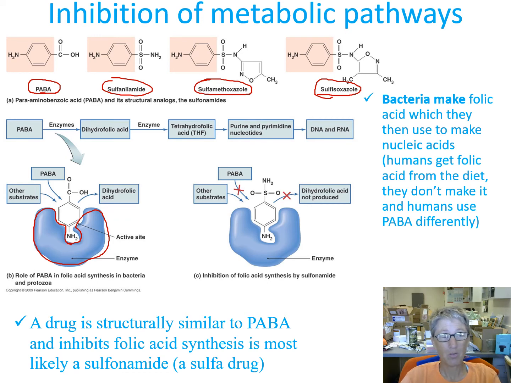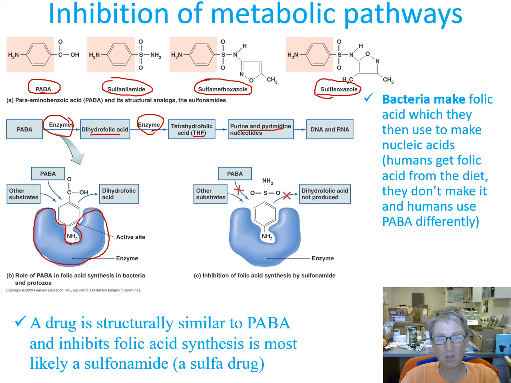Here's usually what was happening in bacteria. So the bacteria take substrates, use enzymes. They make dihydrofolic acid, have more enzymes, to make THF. Should be more enzymes here. But you can make these purine and pyrimidine nucleotides.